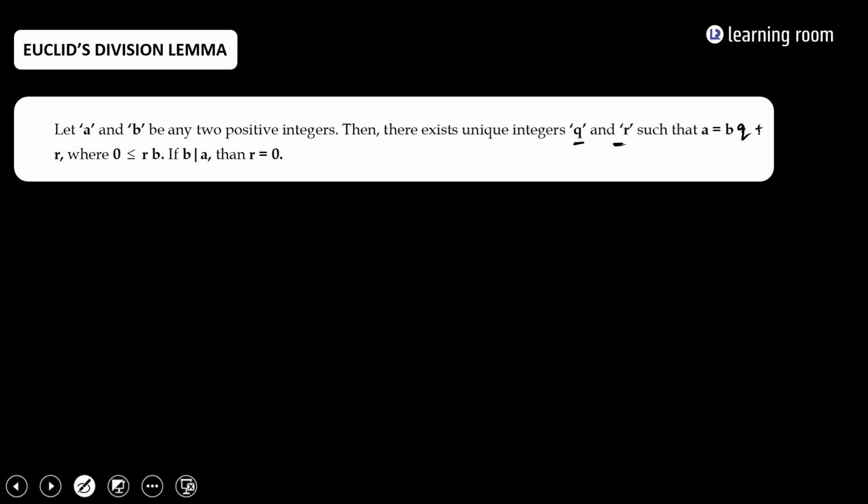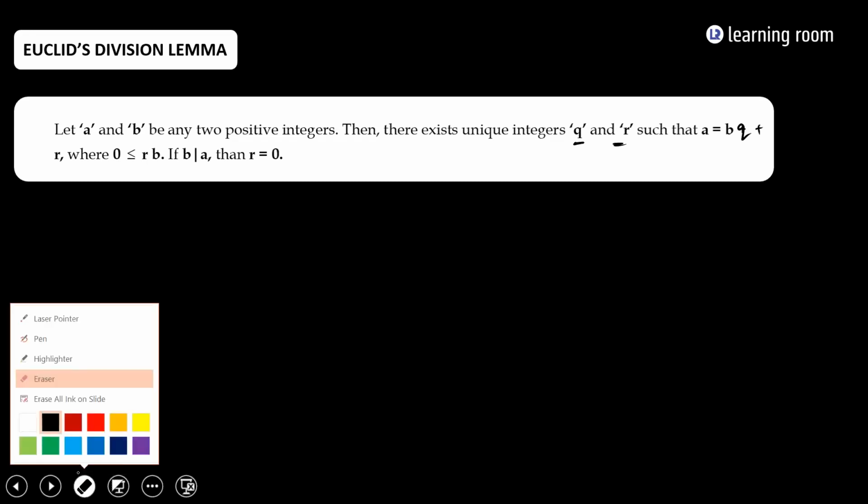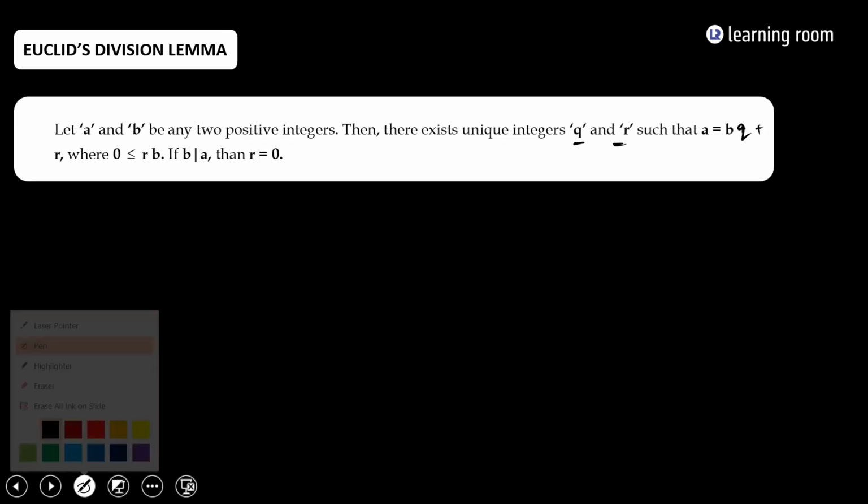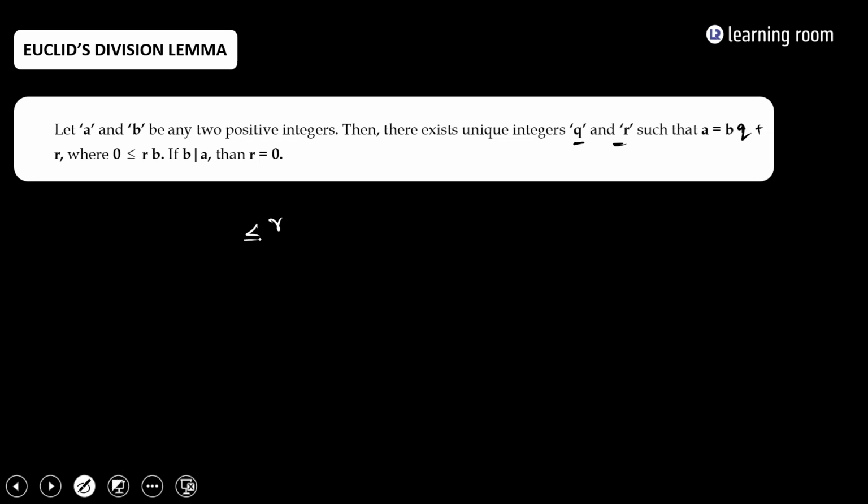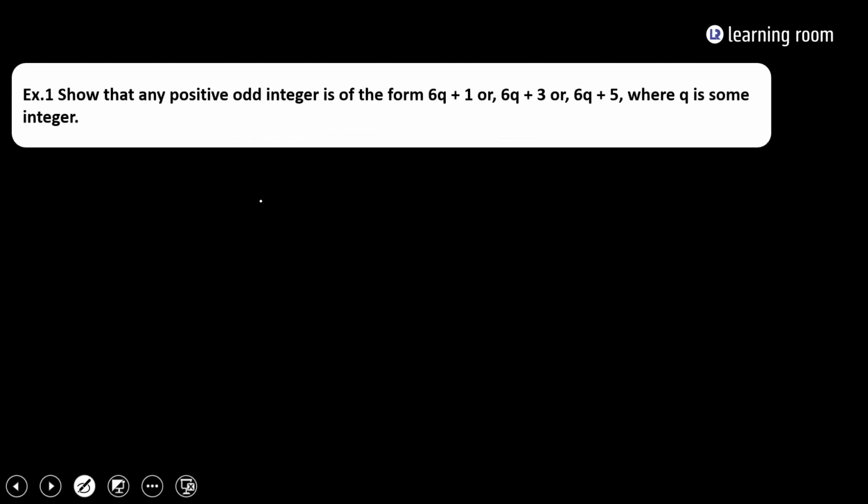Am I right? Yes, sir. And how is the value of r going to be? r is going to be greater than or equal to 0, and it will be less than b. So this is about Euclid's division lemma.